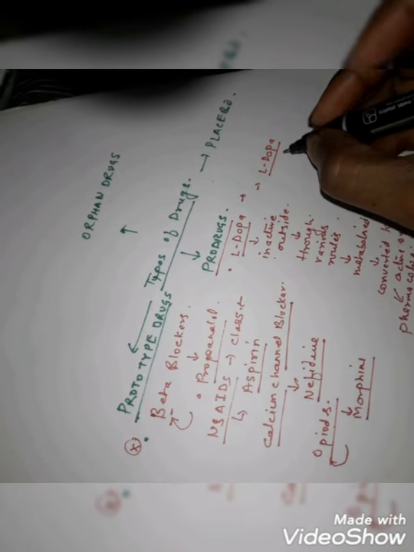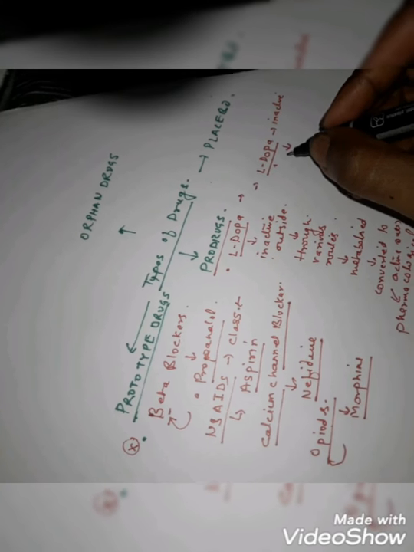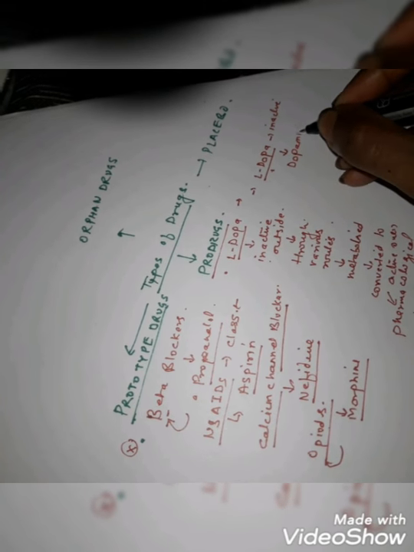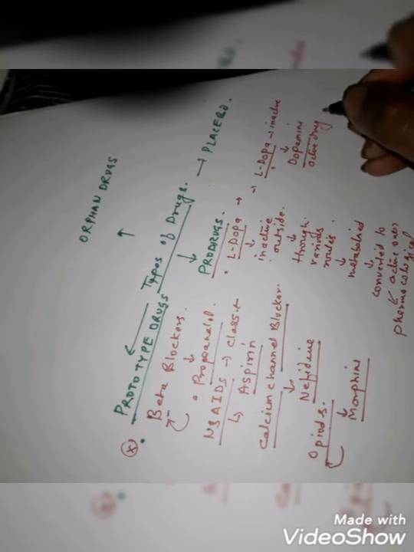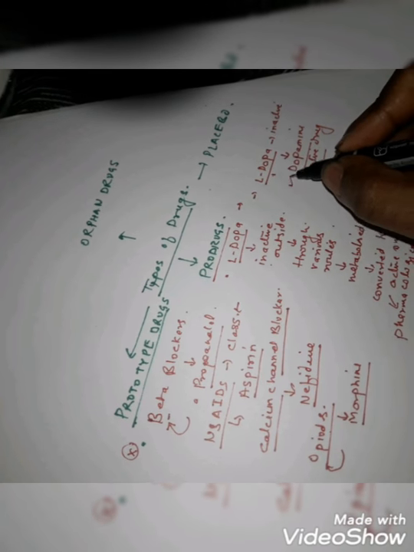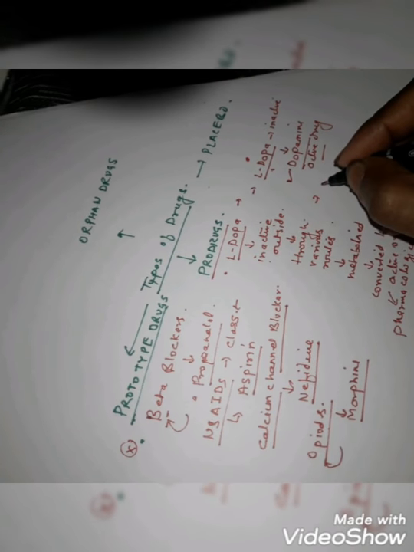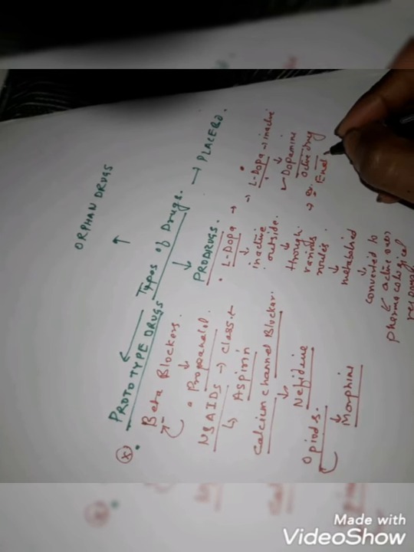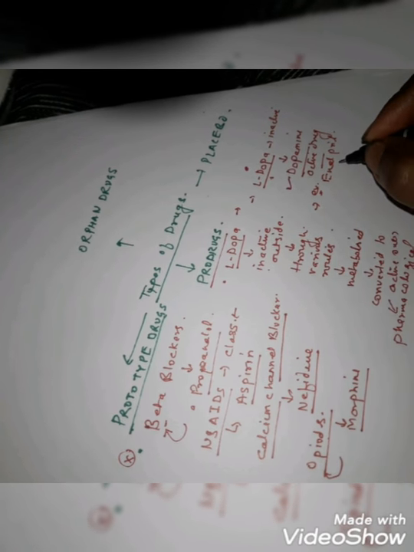The best example is L-dopa. L-dopa is inactive, and when it is metabolized it is converted to dopamine. Dopamine is the pharmacologically active drug. Like that, another example is enalapril.